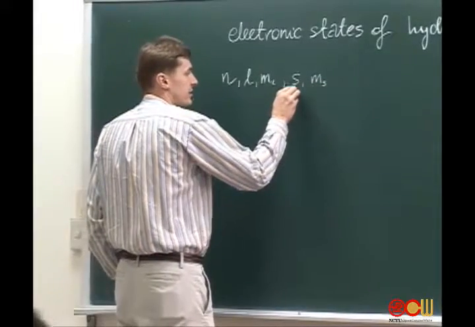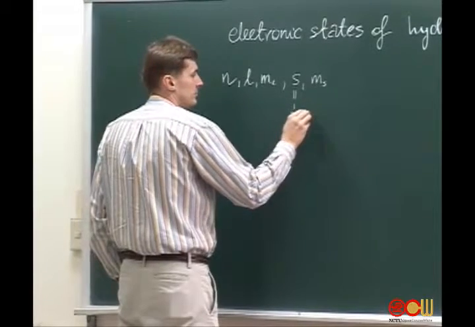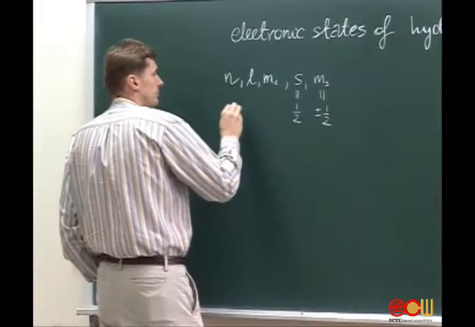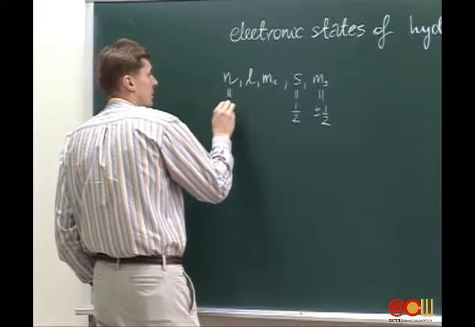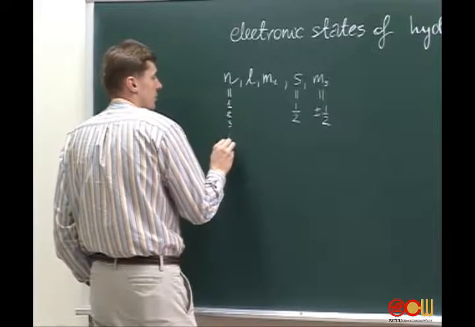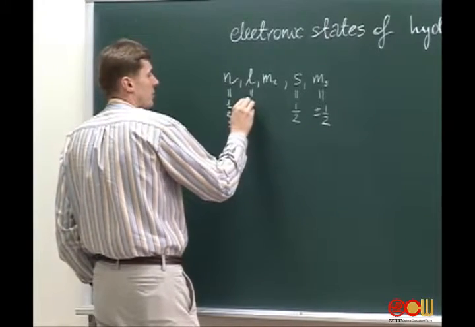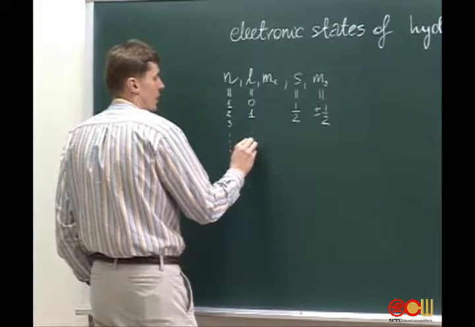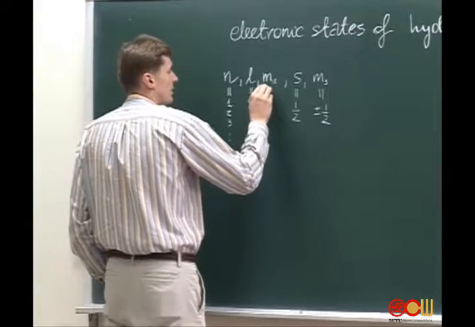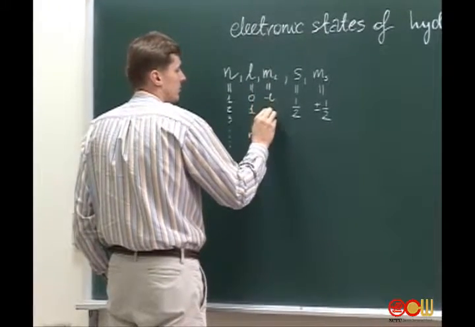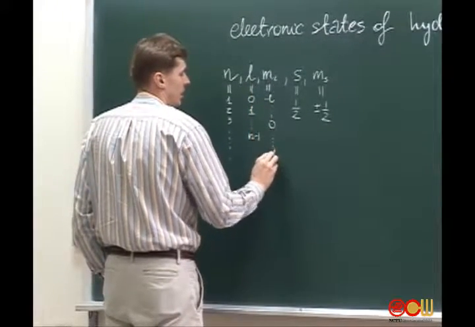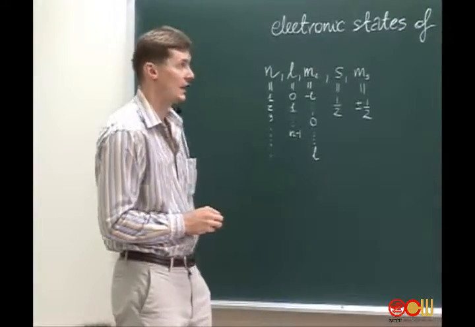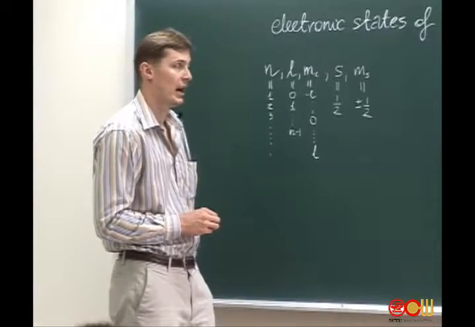This one we always said is equal to 1/2. This one we said is equal to plus or minus 1/2. This one was equal to 1, 2, 3, and so on. This one was equal from 0, 1, up to n minus 1. This one was equal from minus l through 0 up to l. So now specifying 5 numbers gives you the electronic state of a hydrogen.